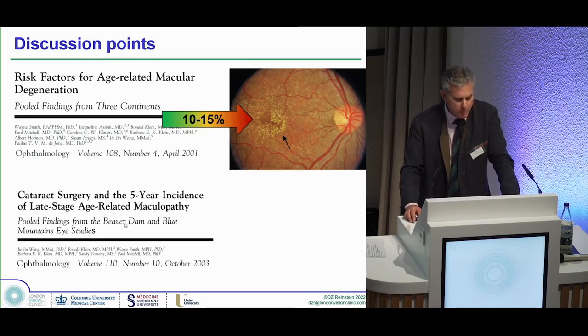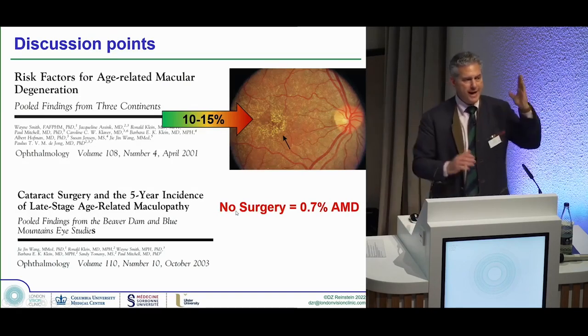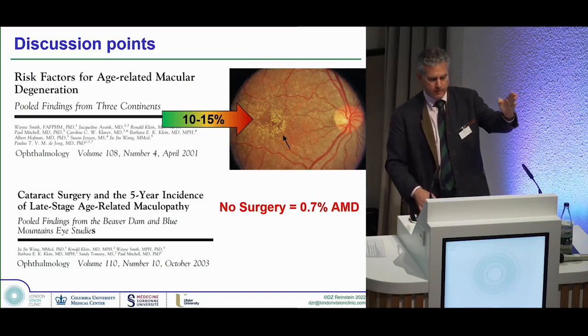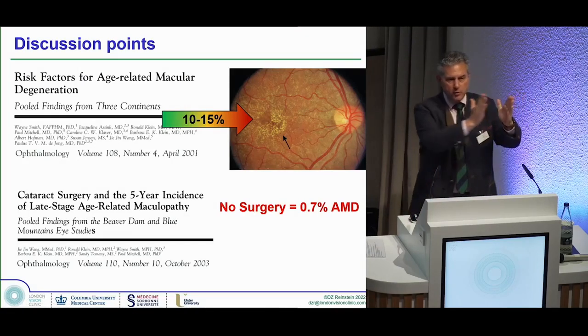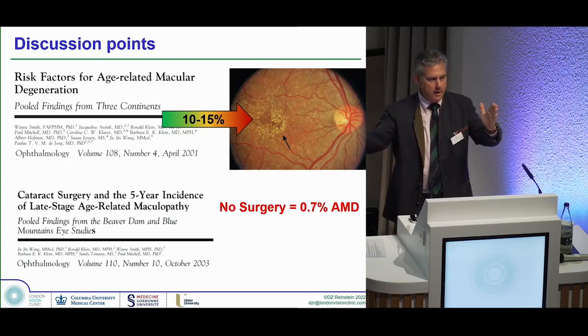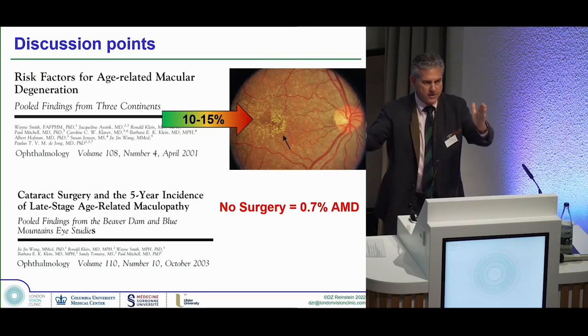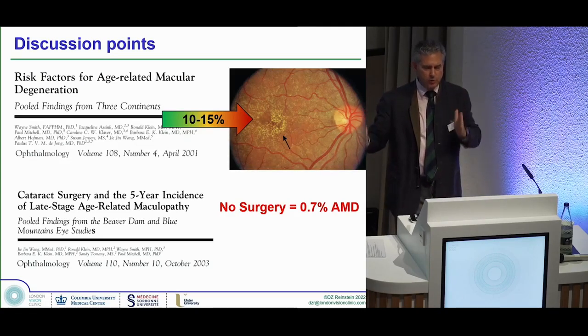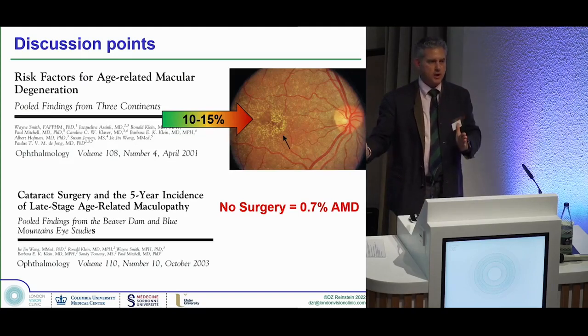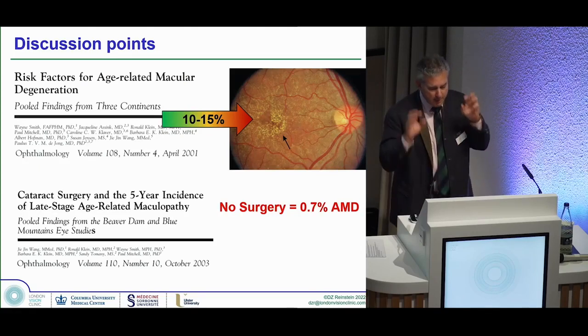no, it was the Blue Mountain study, that cataract surgery and the 5-year incidence of late stage AMD. Patients who had cataract surgery were followed for 5 years, and the same age control matched everything patients at the same age who did not have cataract surgery were followed. And they compared the two at 5 years.